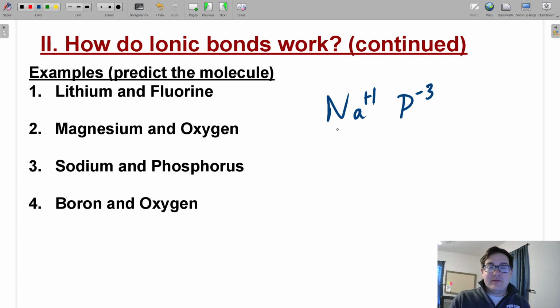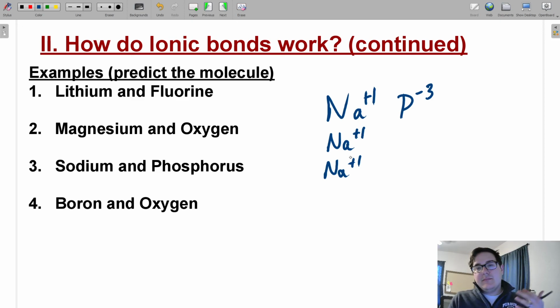So how do we counteract this? Well, if we have a second sodium ion here, now we have 2, but we need 3. So in order to cancel this out, we would need 3 sodiums to show up to the party to cancel out the -3 on the phosphorus.